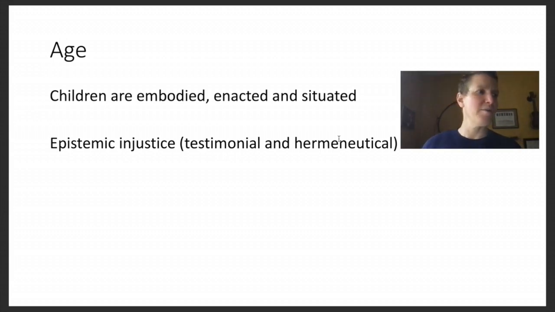We undermine their own testimonies, even about their personal experiences, and that affects how we provide treatment and is a form of injustice. Epistemic injustice is when any group of people have their knowledge discounted on the basis of their membership in that group. So we saw this same concept coming up again and again with all the different oppressed groups that we looked at throughout the semester.